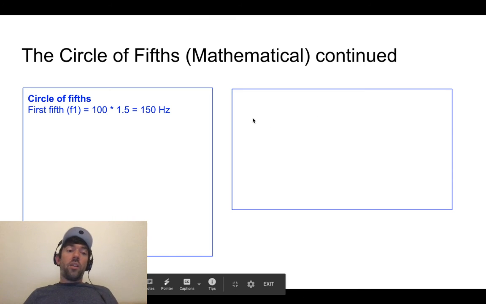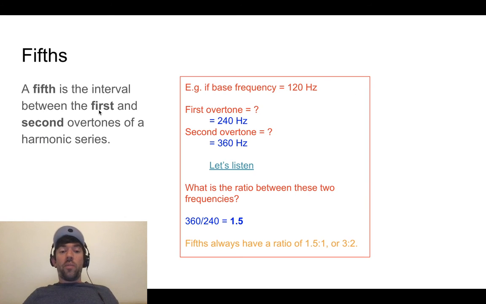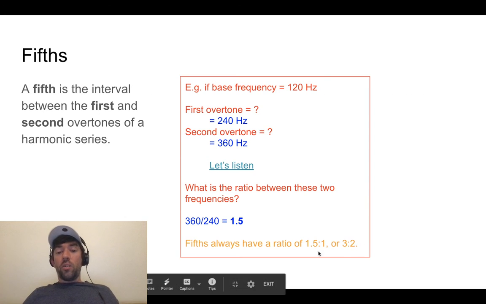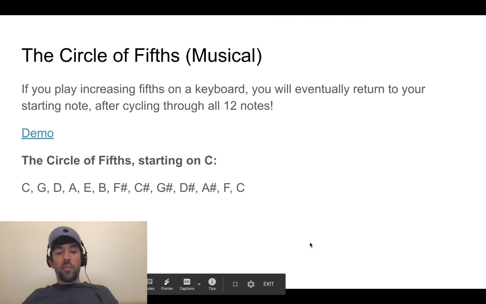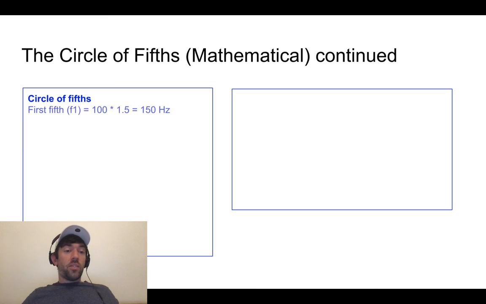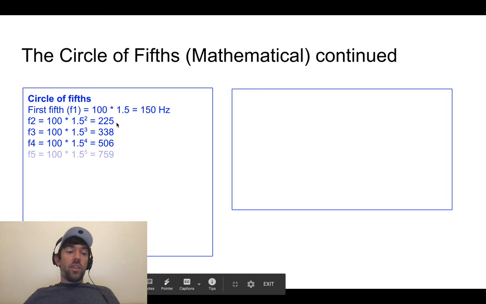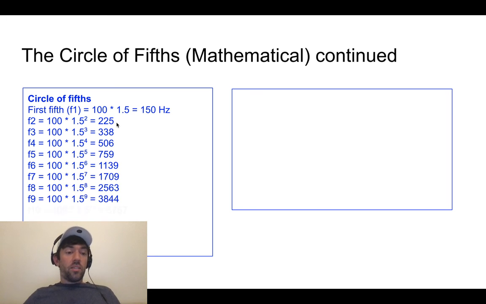If you start with a note of, say, 100 hertz, we know that the ratio of a fifth is 3 to 2, also known as 1.5 to 1. So if you're going through the circle of fifths, you multiply by 1.5. The next frequency would be 150. If you keep doing that, you just keep multiplying by 1.5, and we're going to do that 12 times.